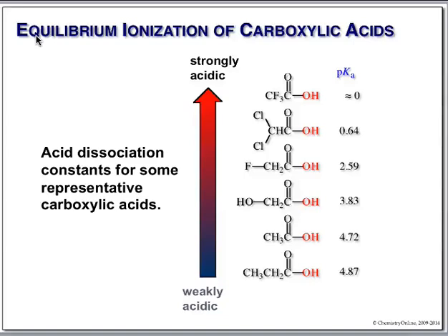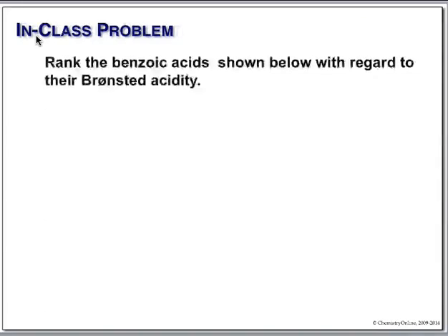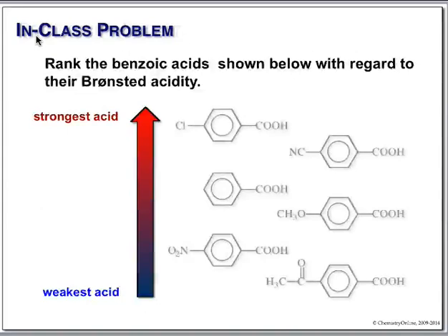Now, speaking of electrophilic aromatic substitution, we can also use this as a mechanism to review substituent effects. So why don't you look at this collection here and decide which is going to be the strongest acid, which will be the weakest acid, and see if you can pretty much put the others in an order.